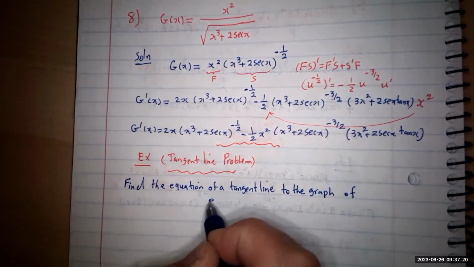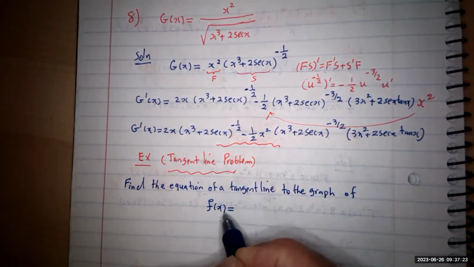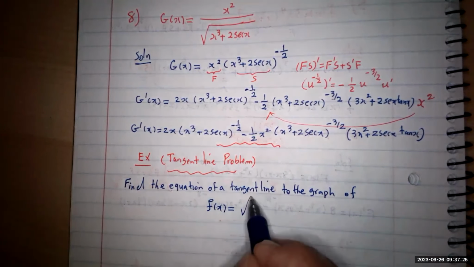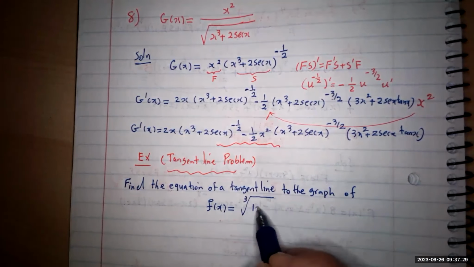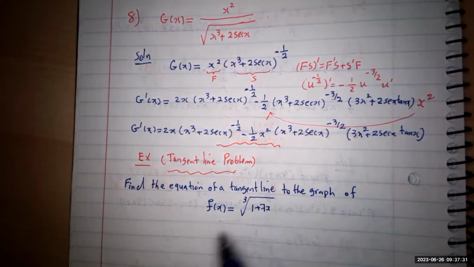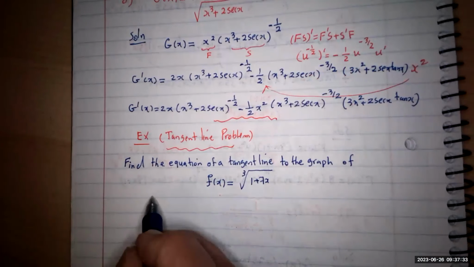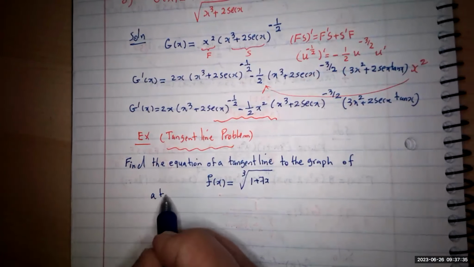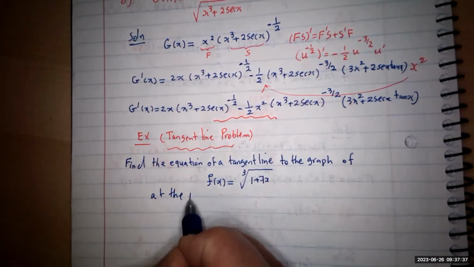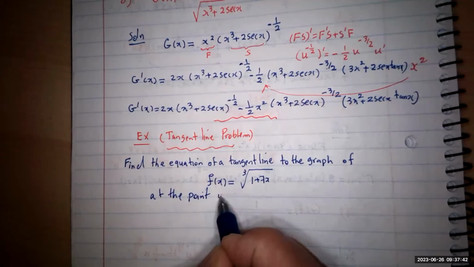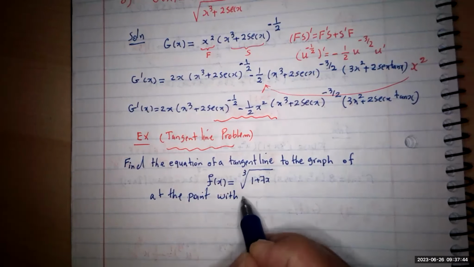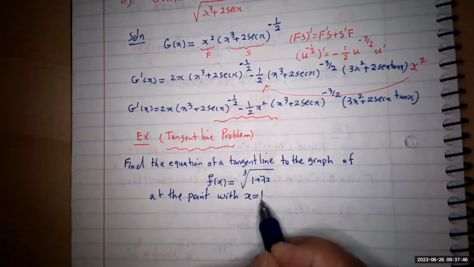It's going to be a radical function, f of x equal to the cube root of 1 plus 7x, at the point with x value 1. That's it.